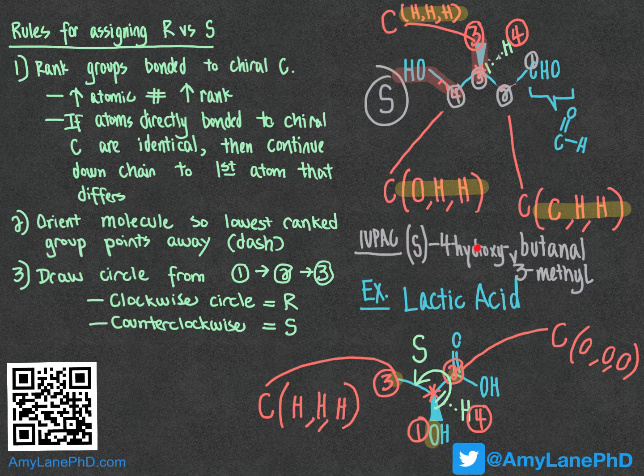So S-4-hydroxy-3-methylbutanal would be the complete IUPAC name for this molecule, where after we determined whether it was R or S, we went in and used our IUPAC rules to find the longest carbon chain and number from the end, starting closest to the parent name designator, and specify the locations of the branches in alphabetical order here, hydroxy before methyl, and indicated the numerical locations of each to finish off this problem.